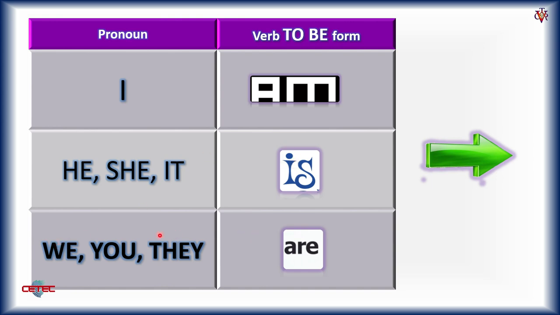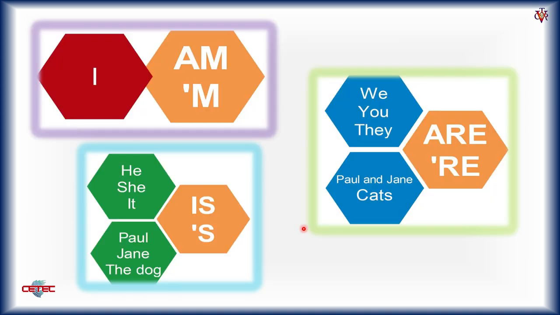We are, you are, they are. Here, it shows how we can use it. I am. And here, it's an apostrophe, apostrophe, and then the letter M. He, it's about a man. Paul is. He is.